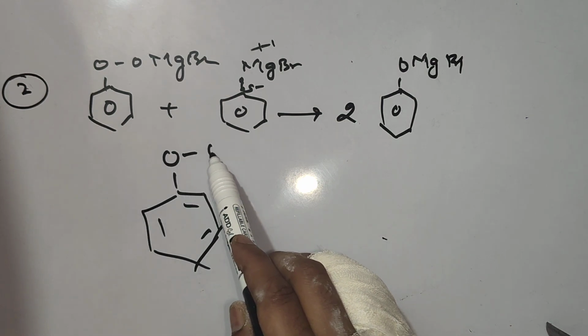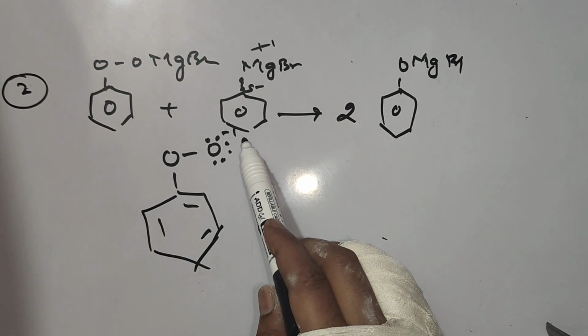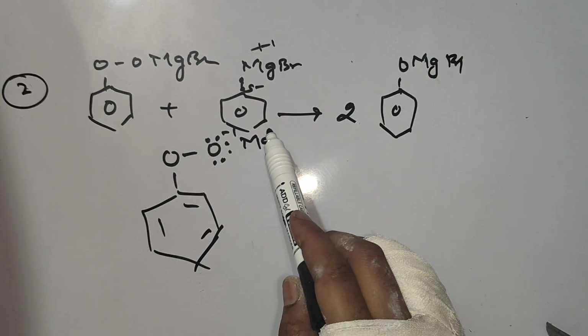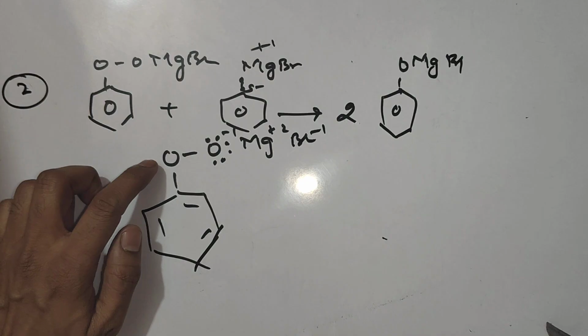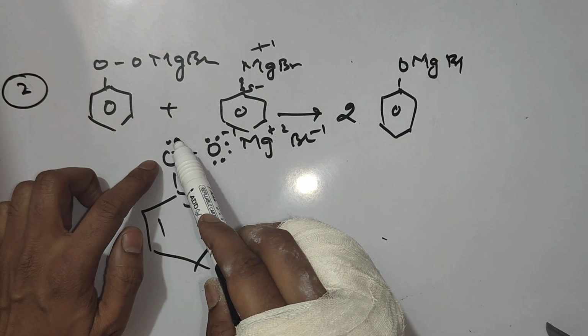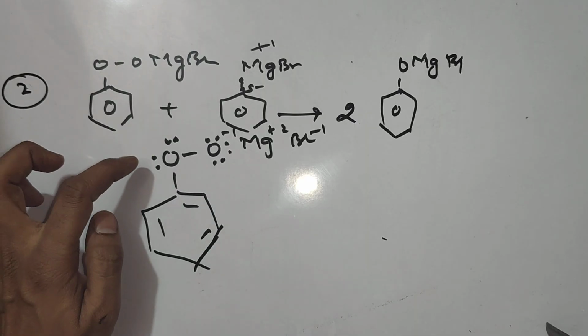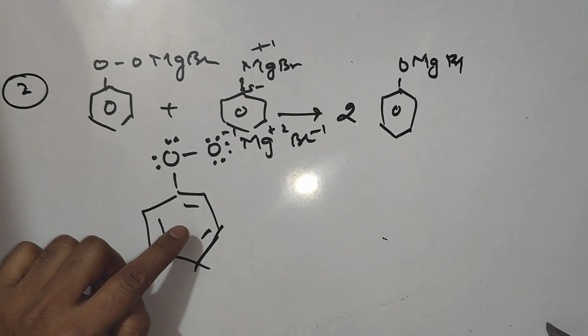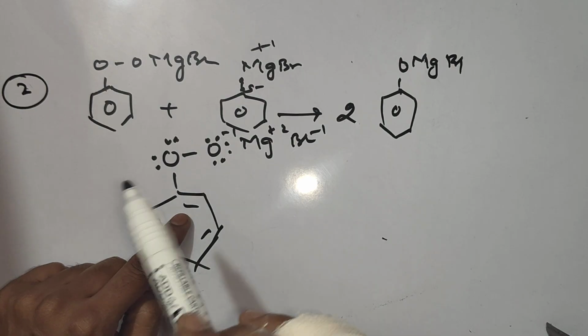Actually, two oxygen atoms are there. This we call the internal oxygen and this we call the outer oxygen. Now you can check, the internal oxygen is directly connected with the benzene ring. So obviously it is showing resonance with it.